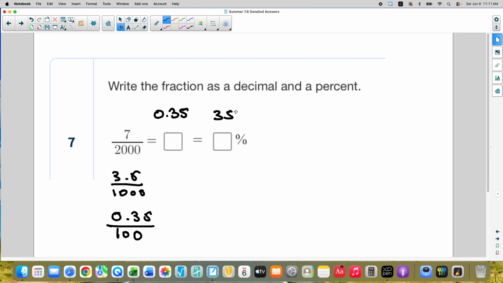No, that doesn't make sense. That doesn't make sense at all. Oh, because that's not it as a decimal. Sorry, this is a percent. My percentage would be 0.35 because it's out of 100. That's what's in the numerator there.